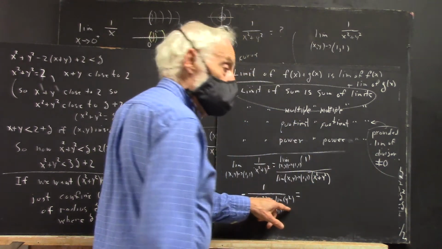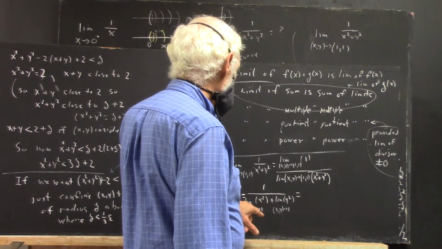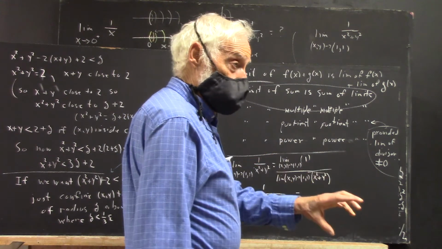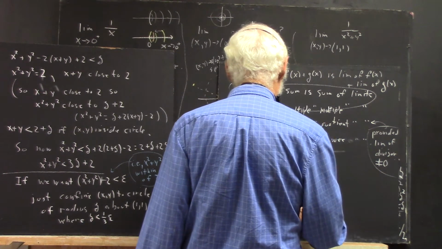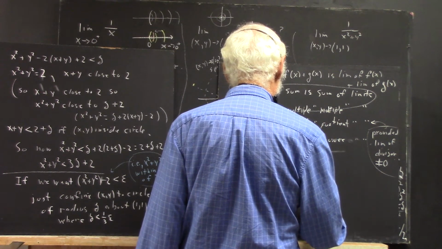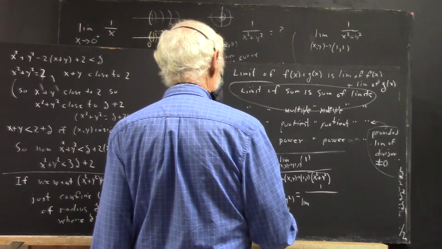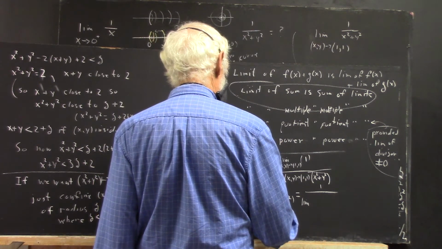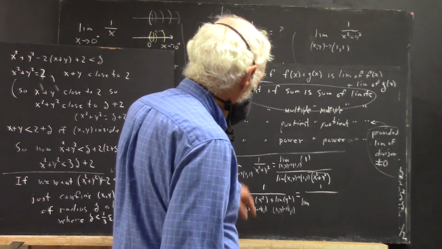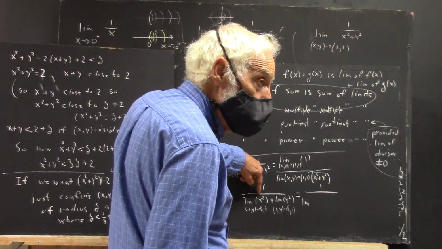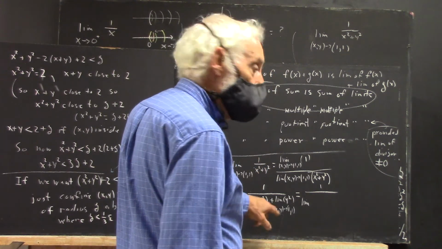And I need that now, because I want to say that the limit of x squared is the square of the limit of x. Since y is not involved in the limit of x squared, I don't have to include the fact that y goes to 1.